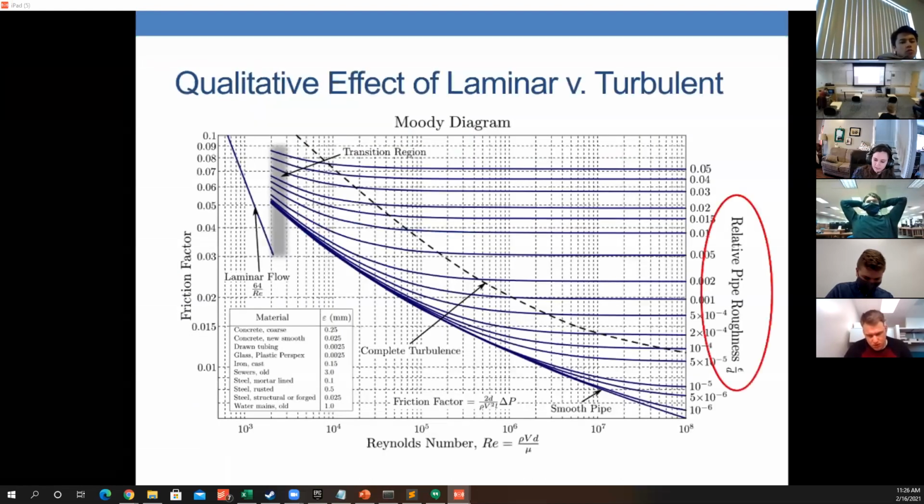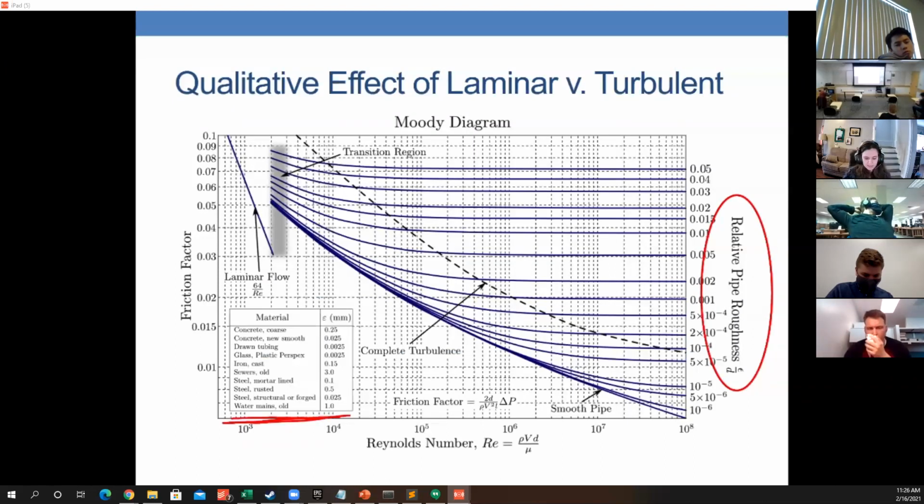And if we look back here, so here's the relative pipe roughness, and we can kind of see how things that seem like they would be rougher tend to have bigger roughness factors. So for example, this takes glass and plastic to be 0.0025 millimeters.